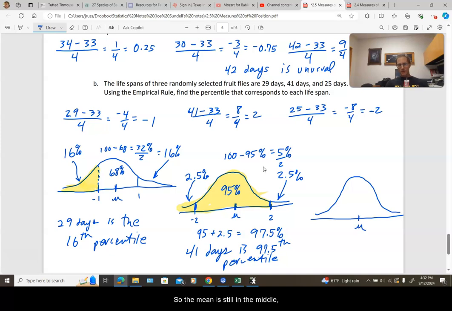So the mean's still in the middle, but -2 is way over here. Now, I could approach this the same way and say from -2 to +2, there's 95%, but I'm really just looking for the percentage of data that's to the left of -2. Well, we just figured that out in this previous problem, didn't we? We just determined that below 2 standard deviations, there's only 2.5% of the distribution.